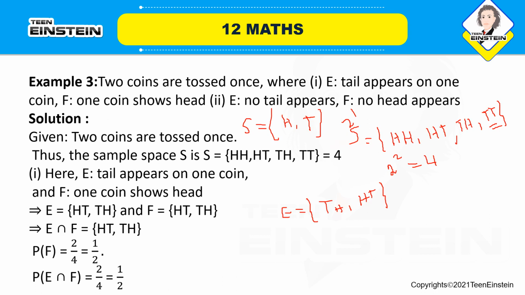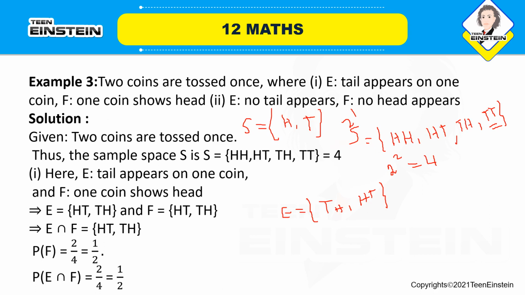Next, is there any intersection between E and F? Yes, there is an intersection between E and F. What is the intersection? E intersection F equals HT comma TH, because F is HT comma TH, and E is also HT comma TH, so the intersection is also the same. How many elements in E intersection F? 2.